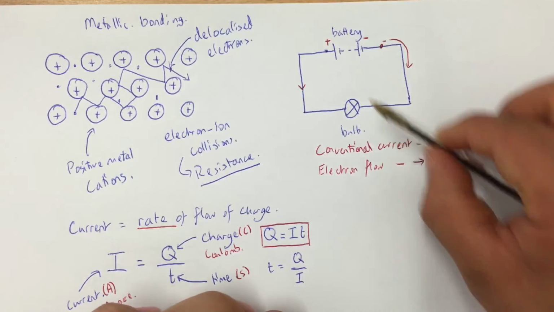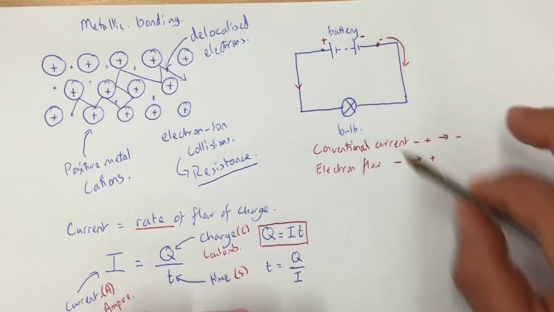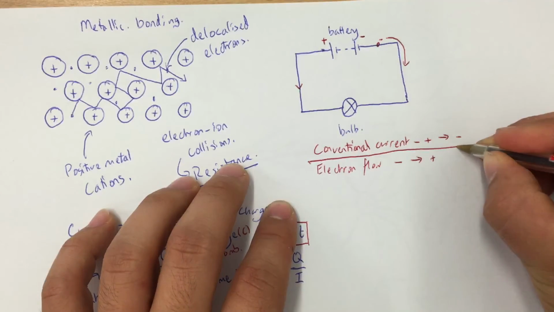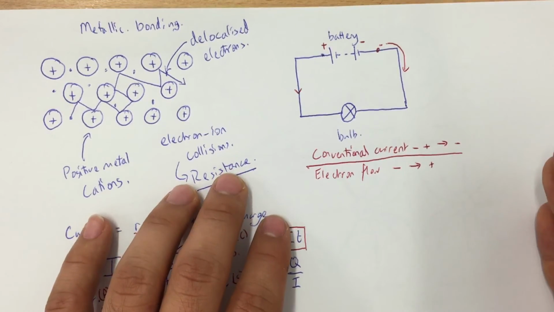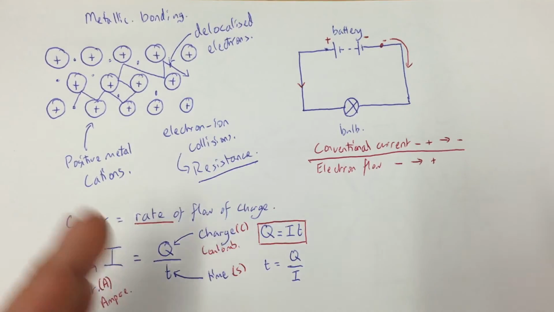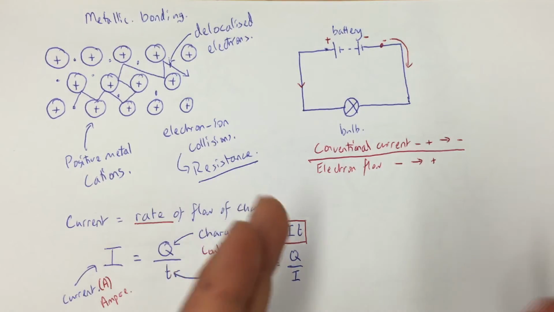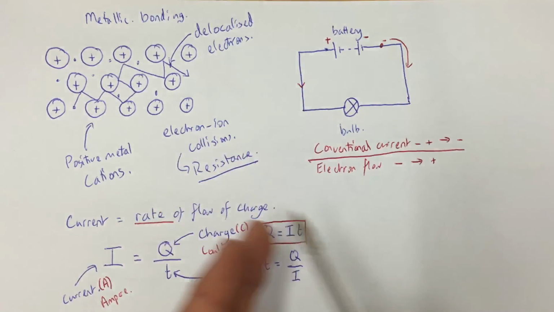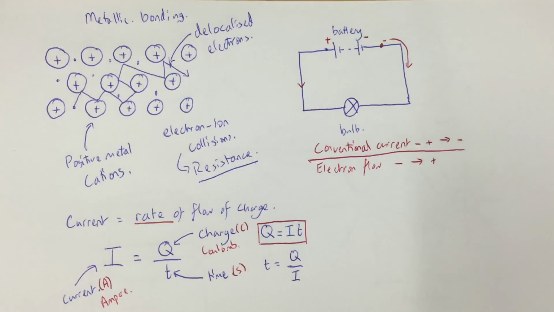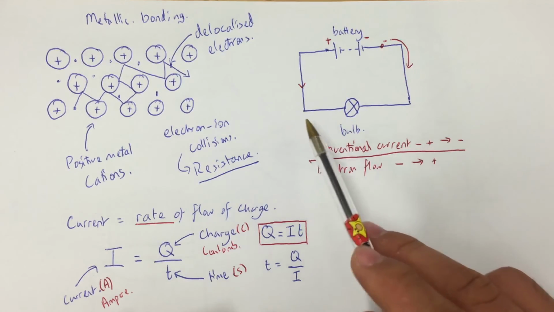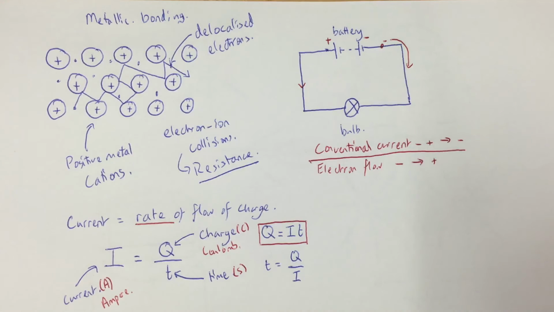Conventional current is positive to negative, and this is the one that we use when we're analysing circuits. We still use this convention that we pretend current goes from positive to negative, whereas in reality, the flow of electrons is negative to positive because the negative is attracted to the positive side. So we have conventional current, positive to negative, and electron flow, negative to positive.